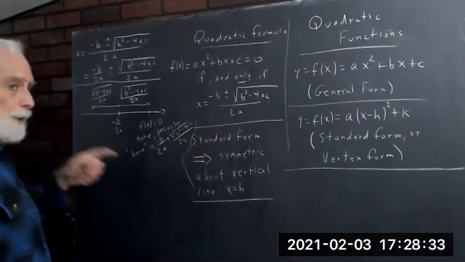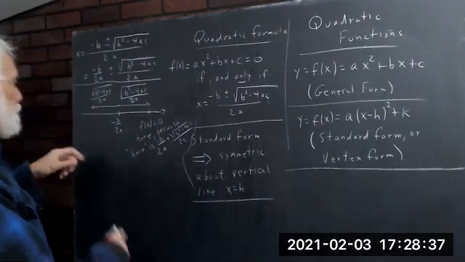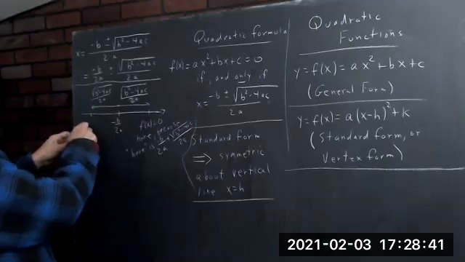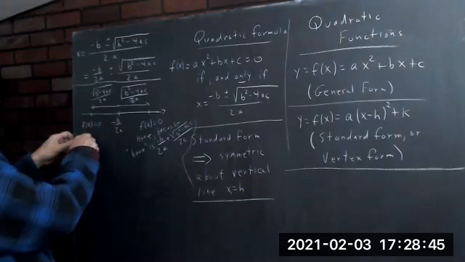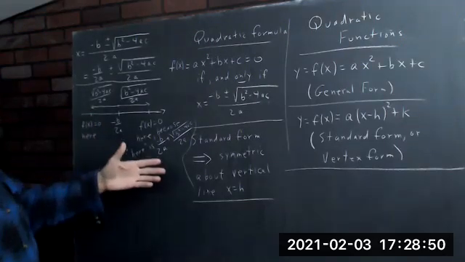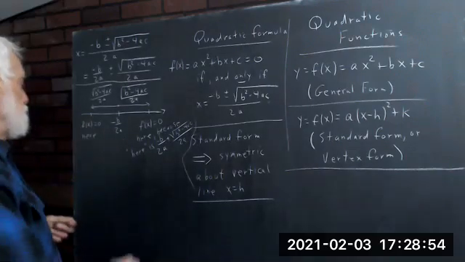Things getting a little sloppy there, but there it is. And here, f of x is 0 here, for a similar reason that I'm not going to clutter up the board with. You should understand that.